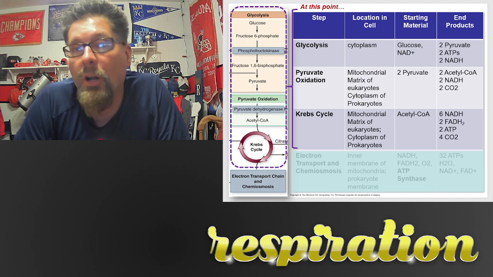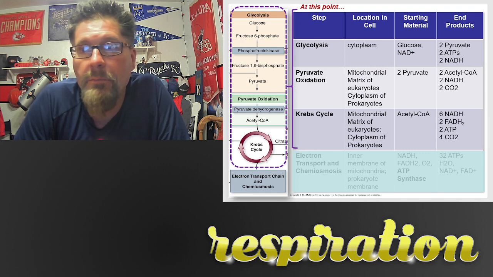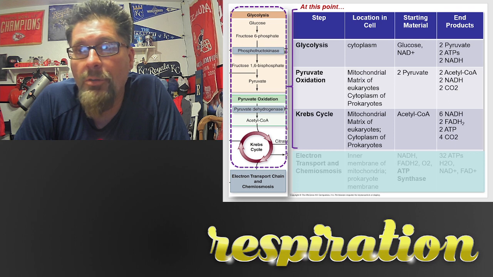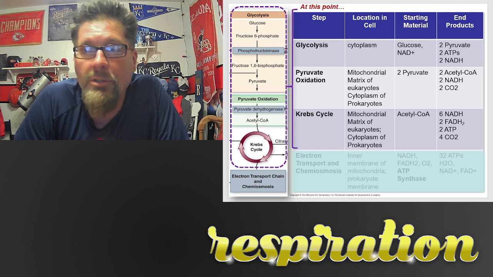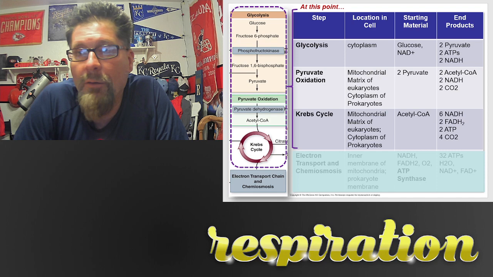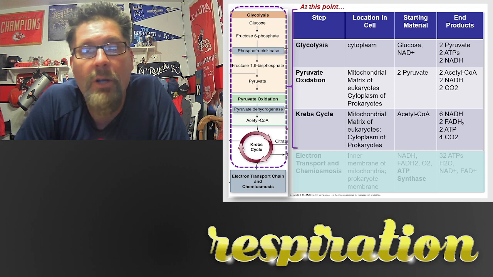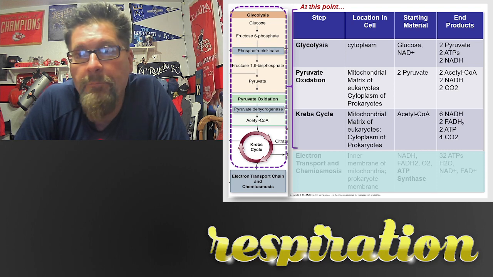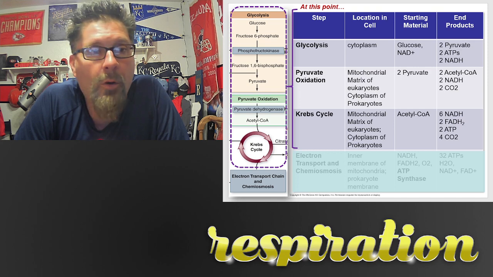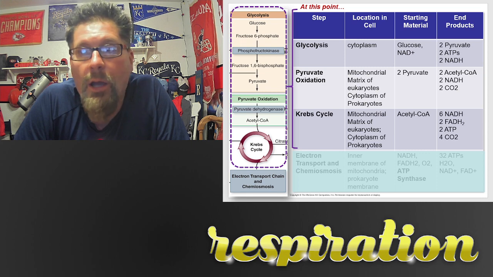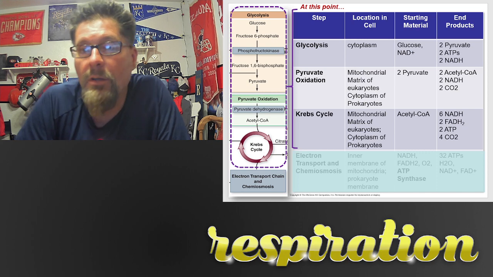Locations, starting materials, end products, and again, you can see all the 2s on there for glycolysis and the 2s for pyruvate oxidation. And then we get that 6 and a 4 for the Krebs cycle. So these are going to be super important to make sure you know. And the idea is to just memorize it, and then when it comes to questions, you've got it under control.